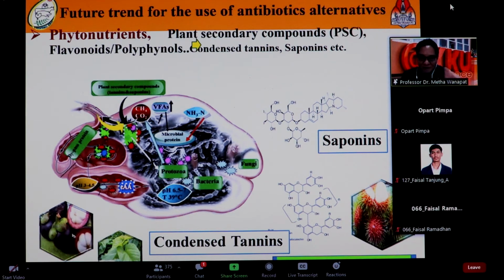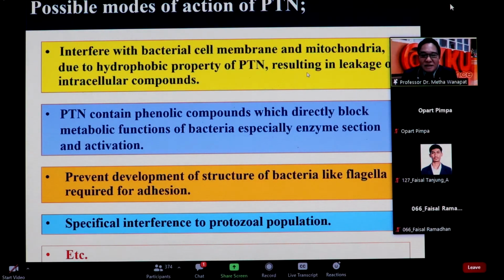You have mangosteen, banana, rambutan, many kinds of fruit there. So if we investigate the concentration of phytonutrients, particularly the condensed tannins and the saponins, they are very effective by their mode of action in the rumen.